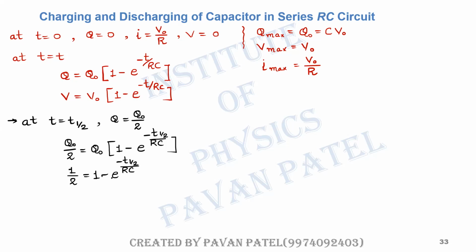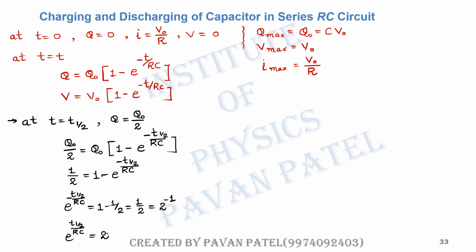So e raised to minus t half divided by RC is equal to 1 minus 1 by 2, and 1 minus 1 by 2 is 1 by 2, which is 2 raised to minus 1. So e raised to t half divided by RC is equal to 2, right?